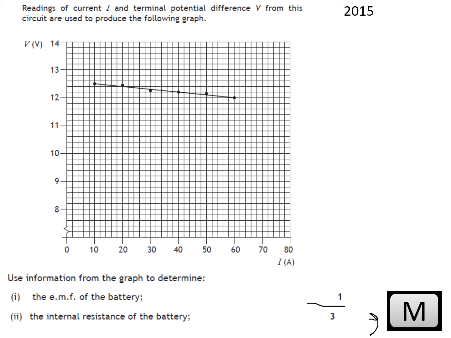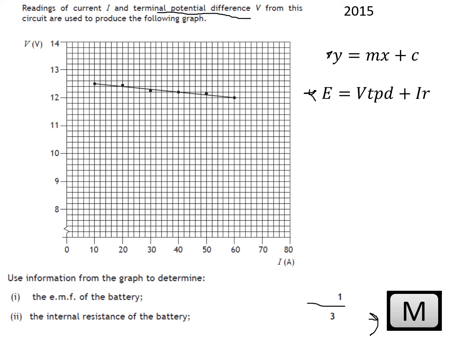Okay, so what do we know about this graph and internal resistance? Well, first of all, it's a straight line graph, so it's described by the equation y equals mx plus c. We know it's talking about internal resistance because it mentions terminal potential difference, EMF and internal resistance, so we know we've got to use this equation here. How do we get the EMF of the battery? Well, the first thing we need to do is work out how this line graph relates to this equation.